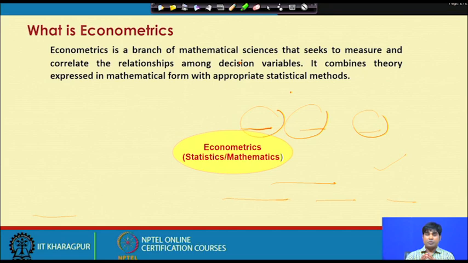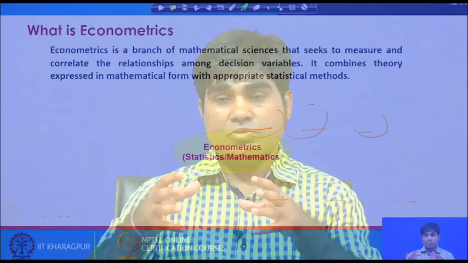That means we will start with a particular engineering problem, and that engineering problem can be analyzed with a set of decision variables, and the whole process is to empirically verify or test the theory with these decision variables.